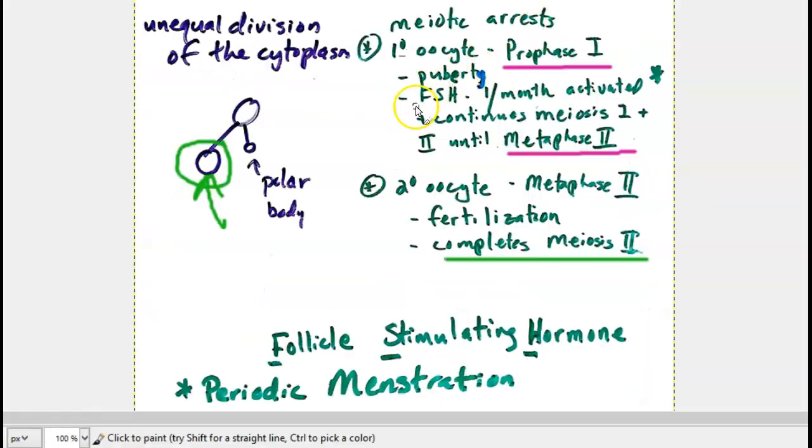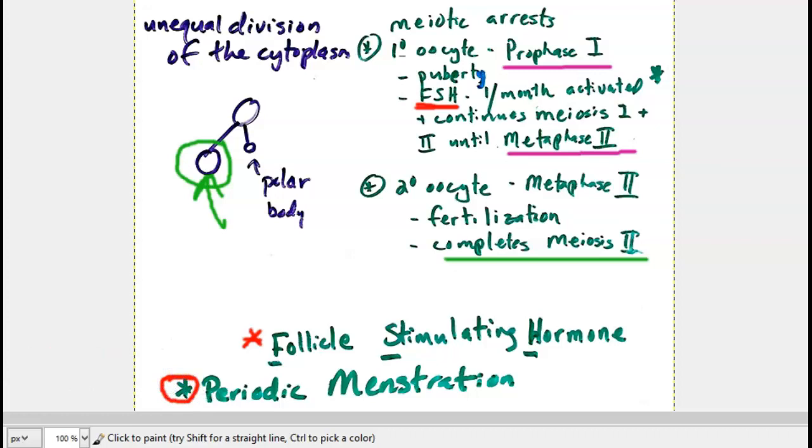So FSH, the hormone on here, causes one of those eggs to be activated, to be released during puberty. That's why it's called a period or menstruation.